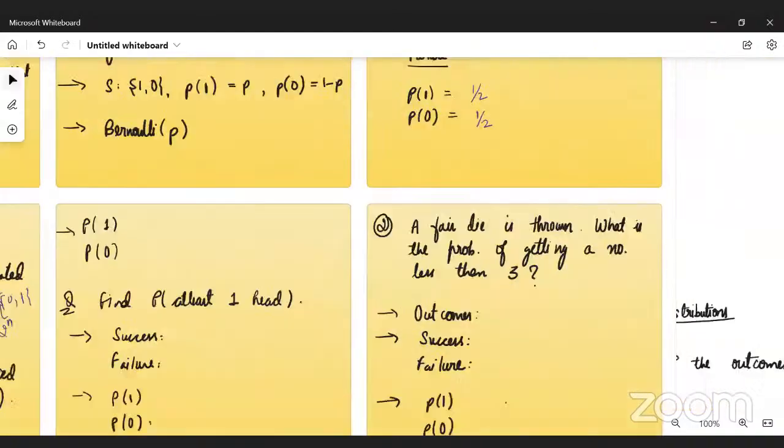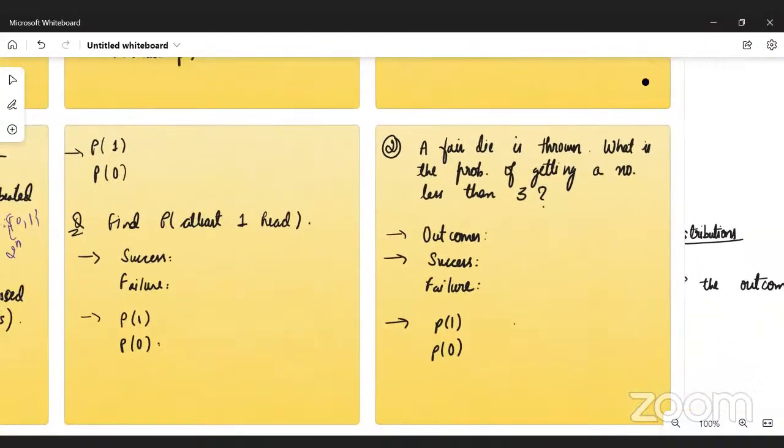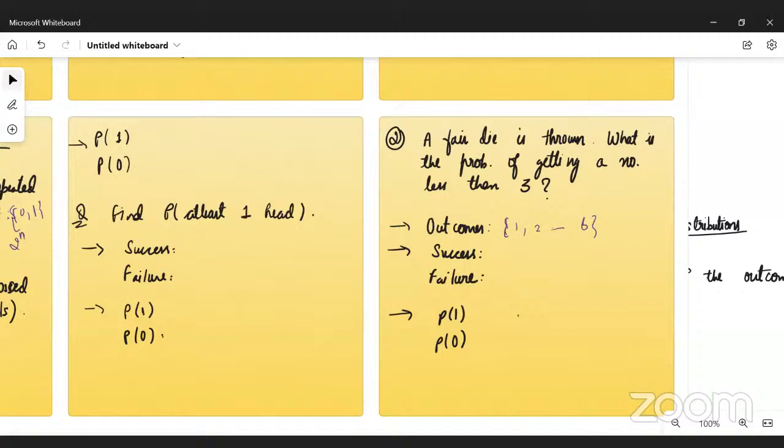Now, if I say a fair die is thrown, what is the probability of getting a number less than 3? If you throw a fair die, what all outcomes are you going to get? 1, 2, 3 up to 6, right? Now, what is a success?